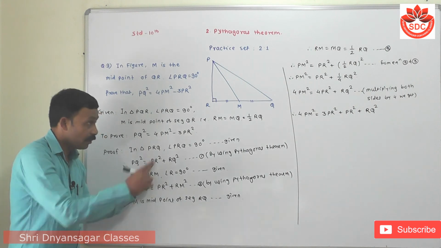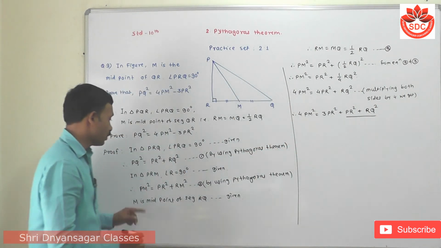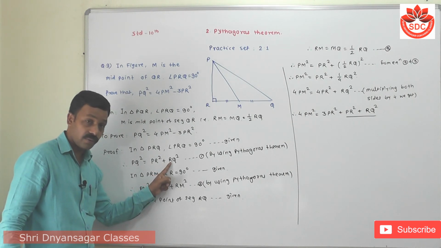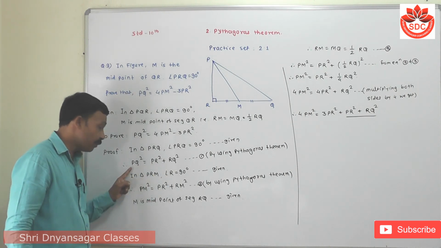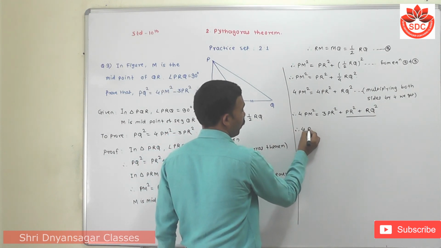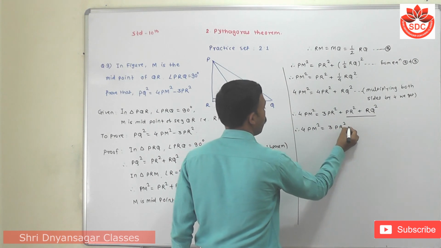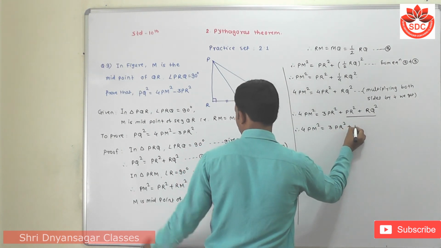Look here, PR square plus RQ square. Here is also PR square plus RQ square. Means this value is PQ square. I have to substitute here. So therefore 4 PM square is equal to 3 PR square plus how much? PQ square.